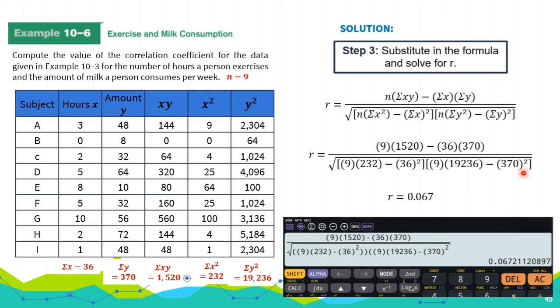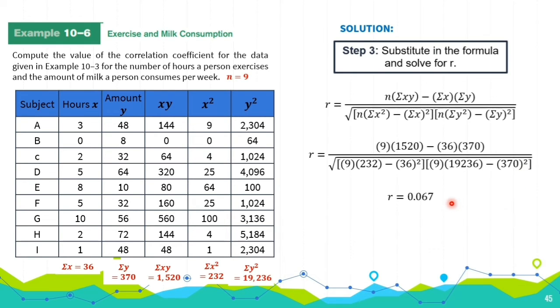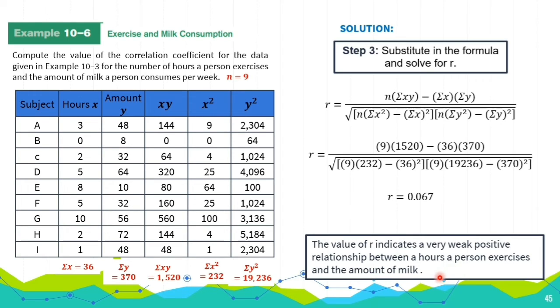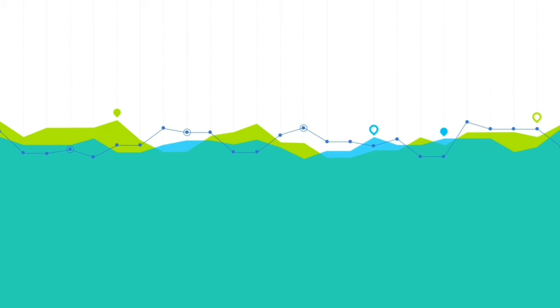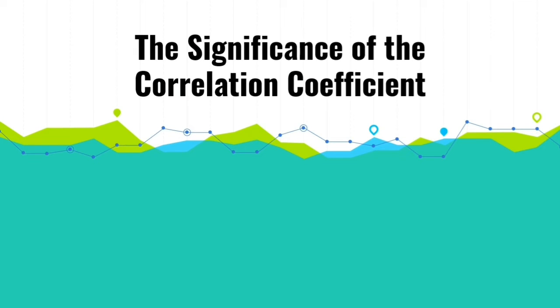And using the calculator and applying the rounding rule, we need to round the value of r to 3 decimal places. So we have r is equal to 0.067. The value of r indicates a very weak positive relationship between the hours a person exercises and the amount of milk. Now, let's go to the significance of the correlation coefficient.